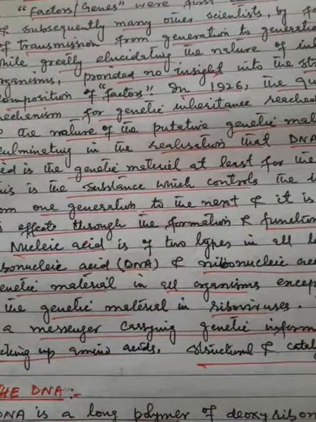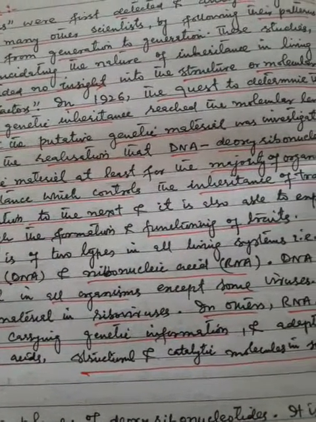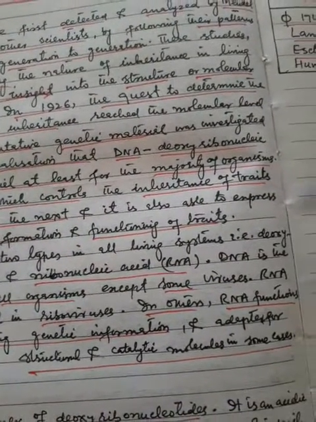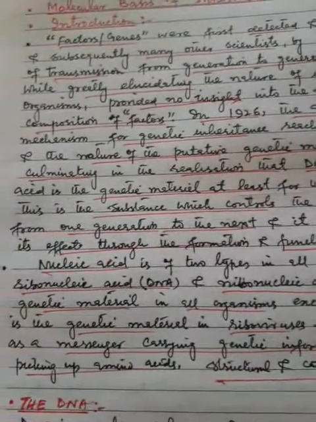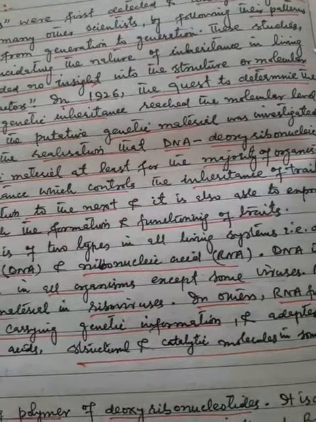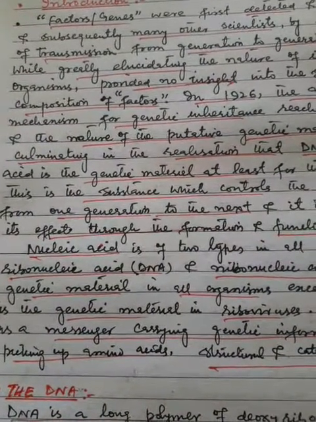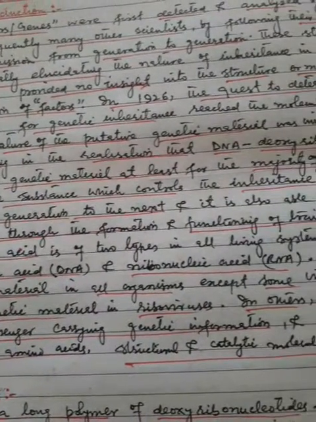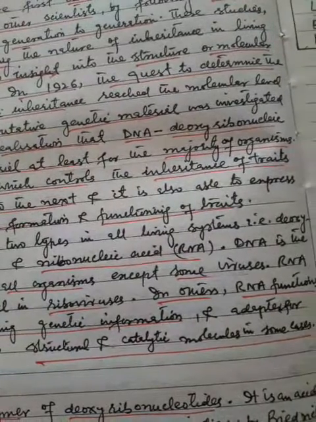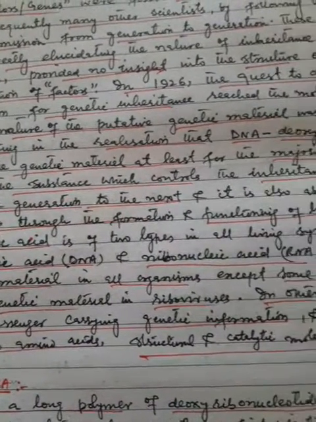Nucleic acid is of two types in all living systems, that is, deoxyribonucleic acid DNA and ribonucleic acid RNA. DNA is the genetic material in all organisms except some viruses. RNA is the genetic material in riboviruses.